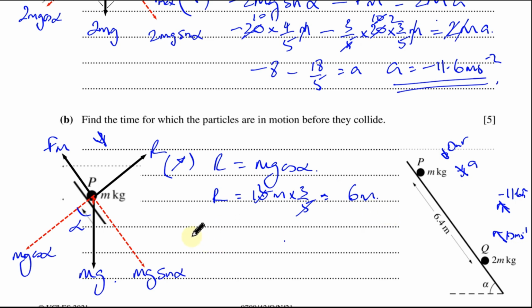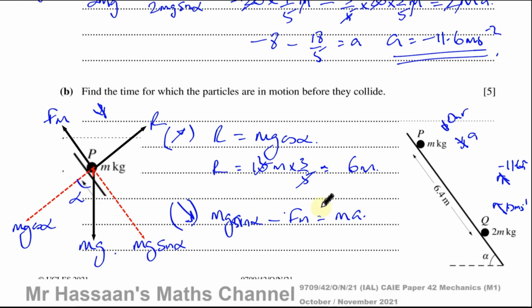And we can find the forces acting. Now this is going down the plane, so I'm going to take down the plane as positive. This time I'm going to have mg sine alpha minus F max equals the mass times acceleration. So we have mg sine alpha, where sine alpha was 4/5.